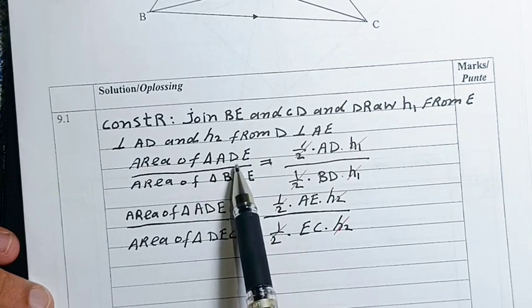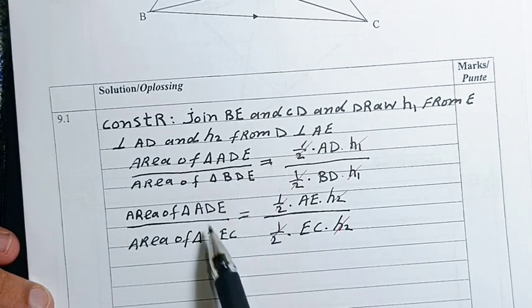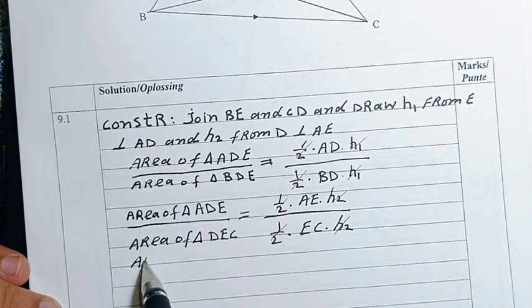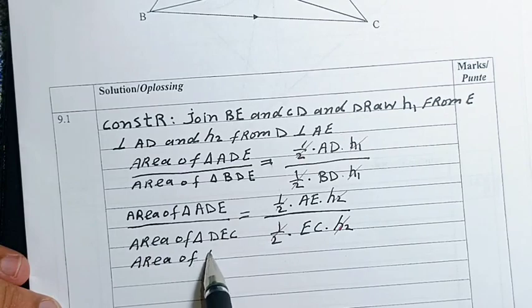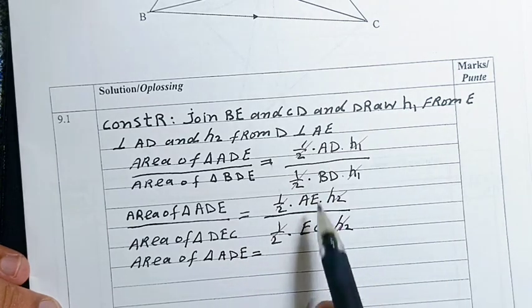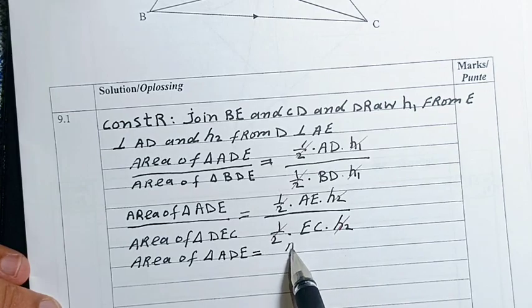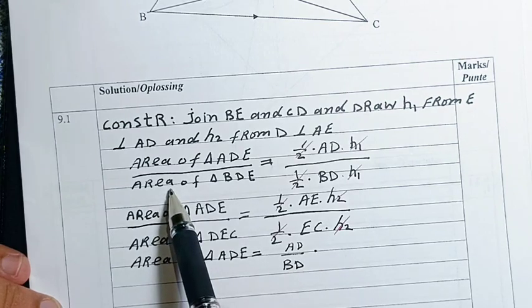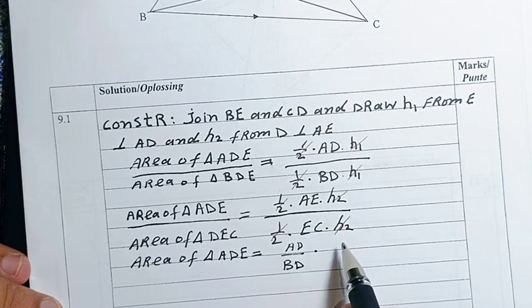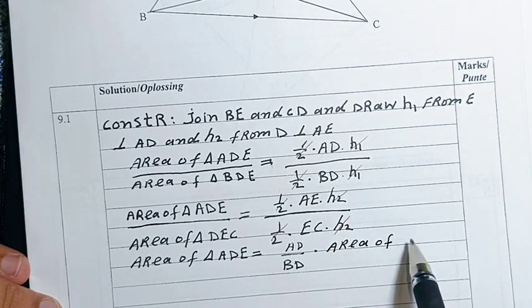Now, the area of triangle ADE is common to both triangles. So I isolate the area of triangle ADE, which is equal to AD over BD times the area of triangle BDE. This is a division, when it comes to that side it becomes multiplication, it becomes times.